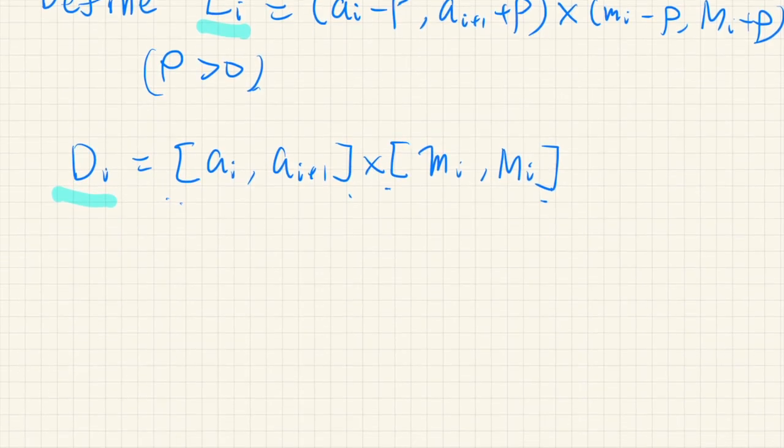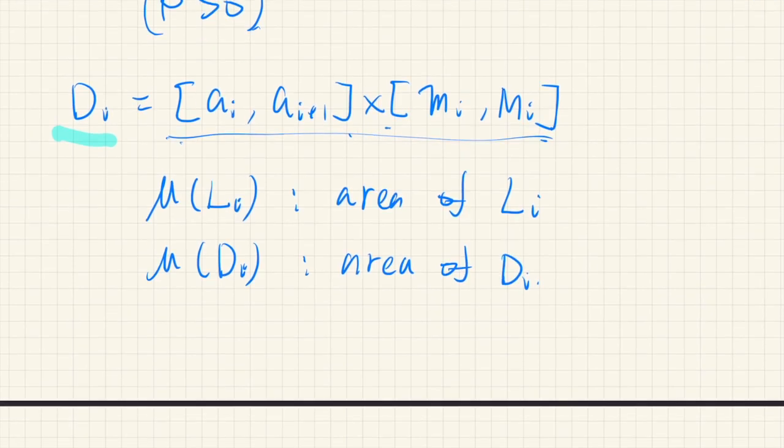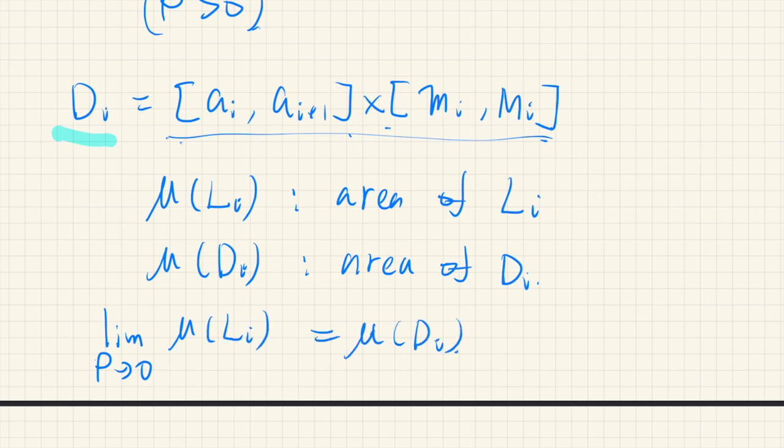For convenience, let's write mu of L_i as the area of this open rectangular region L_i, and mu of D_i as the area of this closed rectangle D_i. So if we take rho to 0, then the area of L_i converges to the area of D_i. That's what we meant.